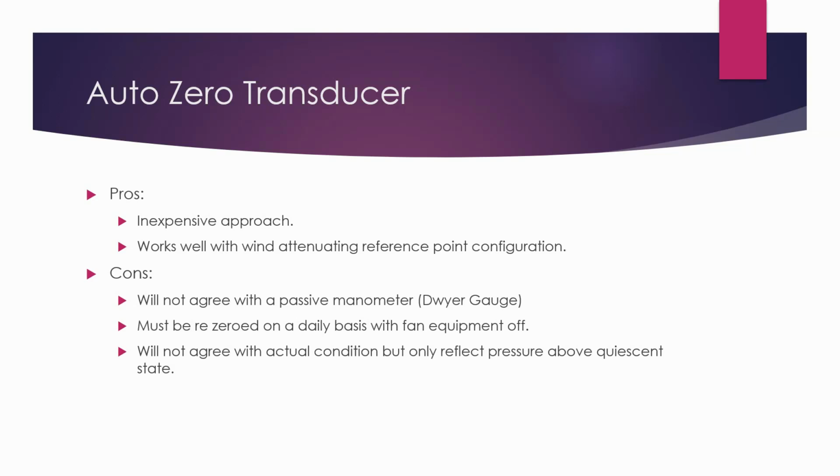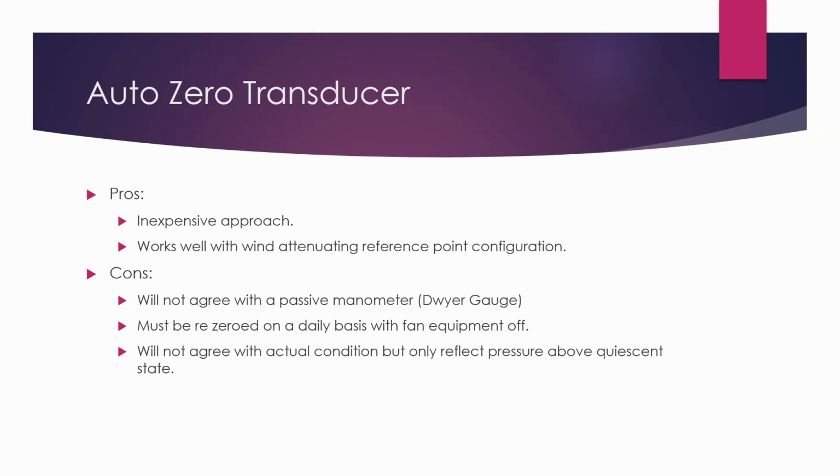But what are the cons of doing it? Well, it's not going to agree with a passive manometer. Anytime you put a passive manometer, just a gauge, to look at the pressure, your transducer is not going to agree because you don't auto zero your manometer every day.